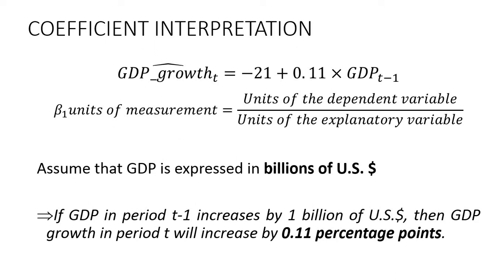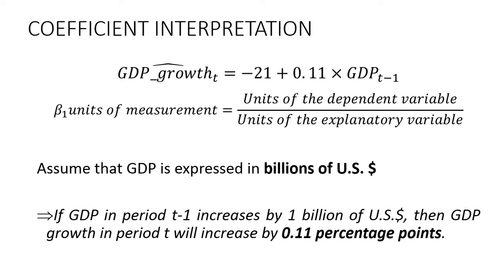In this case, GDP is measured in billions of US dollars, and GDP growth is measured in percentage points. So based on the output, we can say that if GDP in period t minus 1 increases by 1 billion of US dollars, then GDP growth in the next period will increase by 0.1 percentage points.